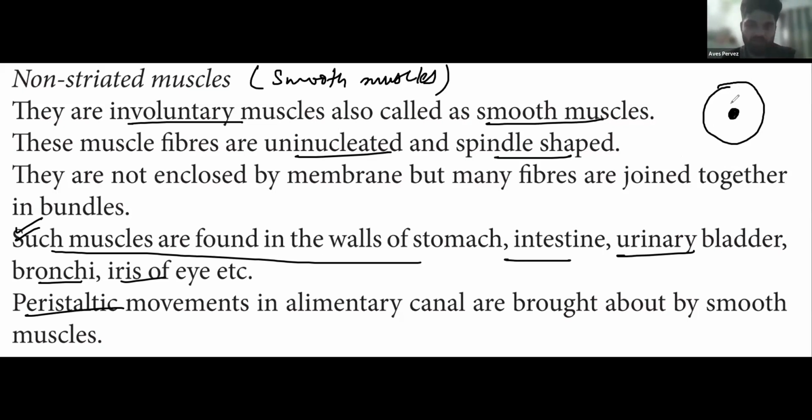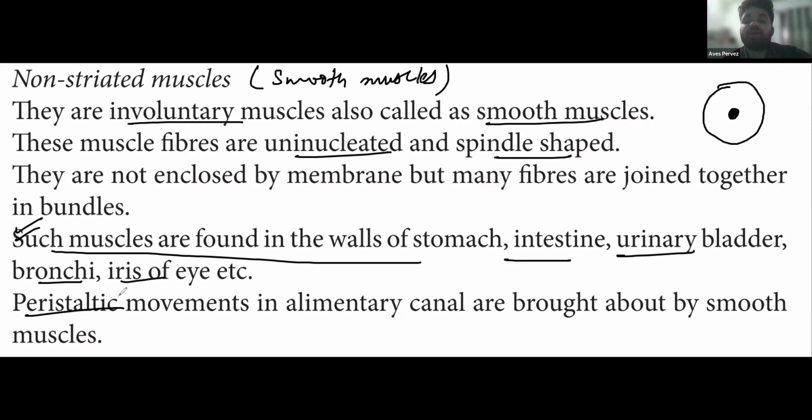So we need not do like this. It is controlled, but it takes some time. If you are sitting in a dark room and you instantly go into a light area, it will take time for the iris to adjust this opening. This is not in our control. So we can say that this is also made up of smooth muscles.